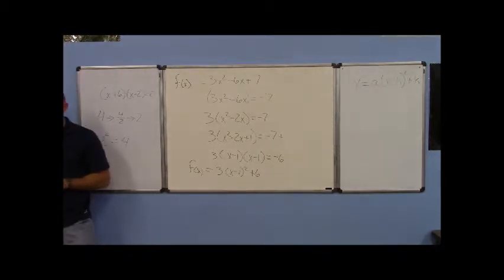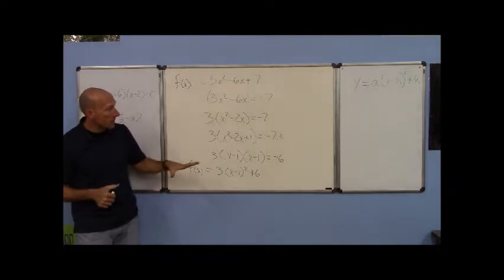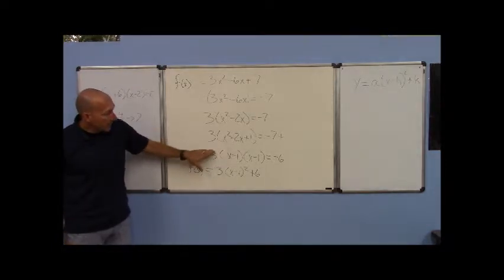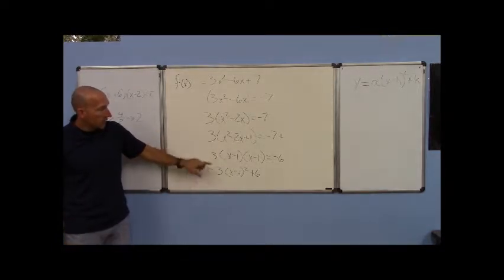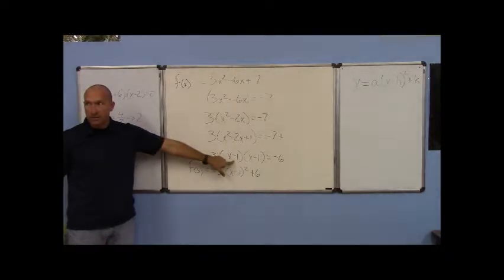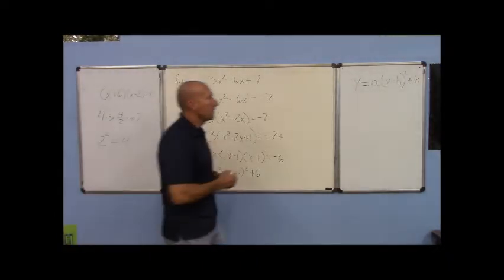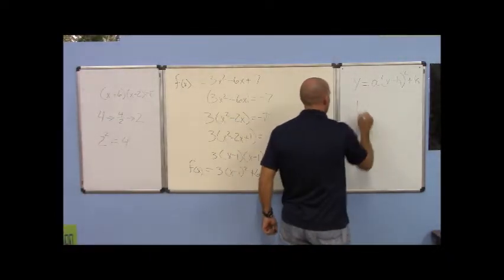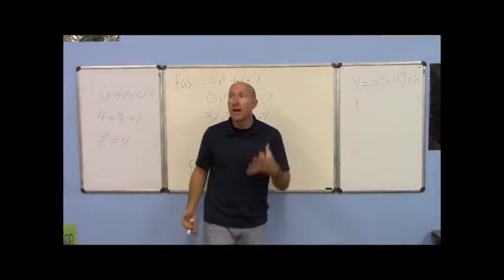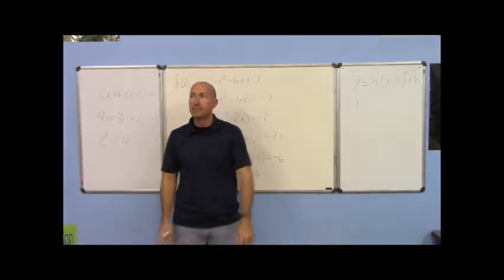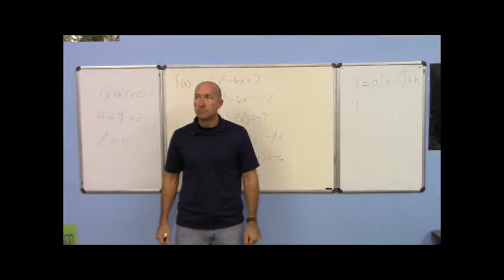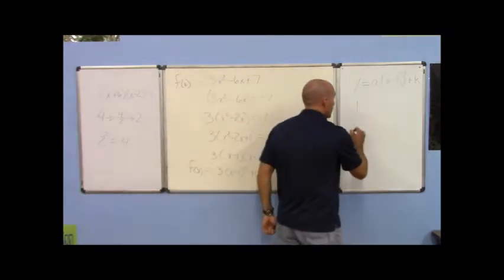Does this make sense? Not the last 2 steps? The last 2 steps. So what we did, like from here and here? Do you know how we got here? No. Okay, what are factors of positive 1? So we have 1 times 1.